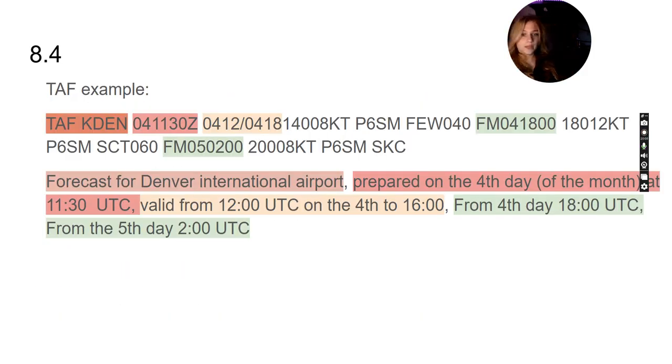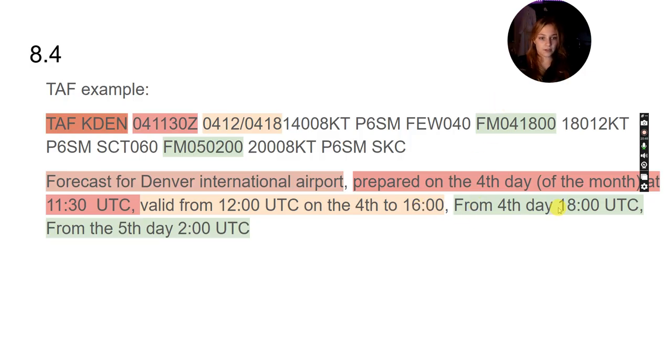So, an example of a TAF, and I only highlighted the stuff that we haven't gone over. The rest should relate to the METAR. So TAF KDEN, so that means the forecast was for Denver International Airport, 041130Z. So prepared on the 4th day of the month at 11:30 UTC, and then is valid from 12 UTC on the 4th to 1600 on the 4th.